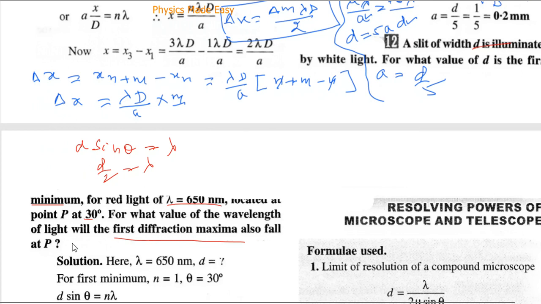For what value of the wavelength of light will the first diffraction maxima fall at P? Now diffraction maxima should fall at P, and we have to find the wavelength.